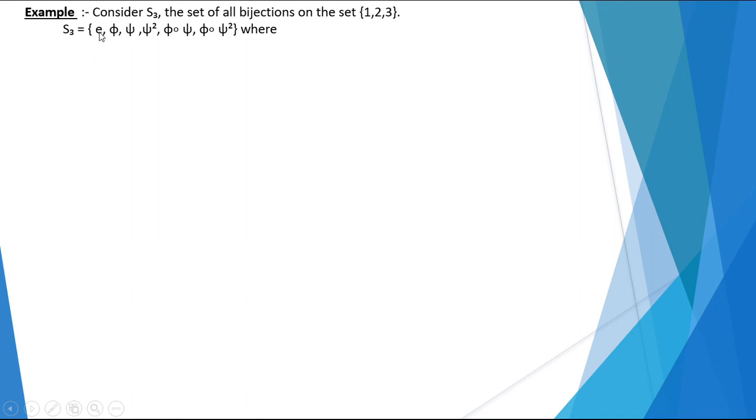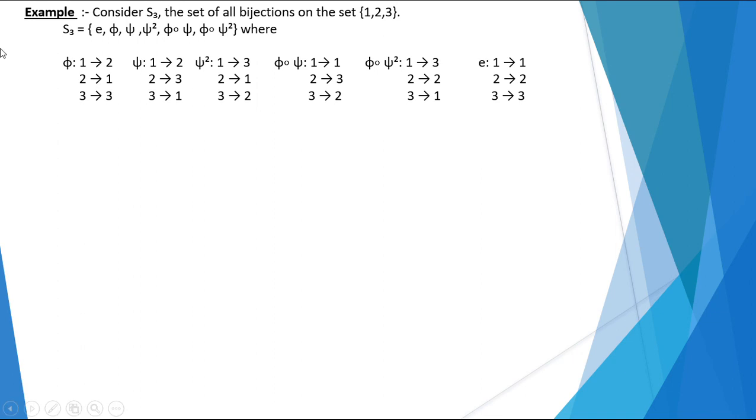S3 equals the bijections E, phi, psi, psi square, phi circle psi, phi circle psi square, where phi is a bijection on the set 1, 2, 3, and with respect to phi, image of 1 is 2, image of 2 is 1, image of 3 is 3. The function psi: image of 1 is 2, image of 2 is 3, image of 3 is 1.